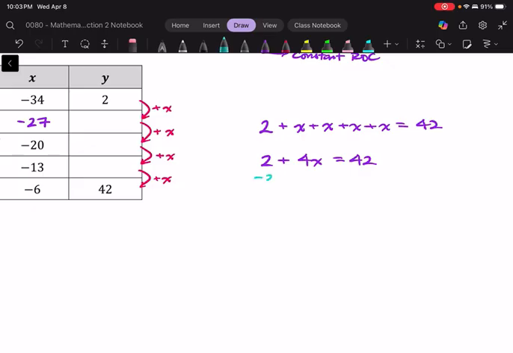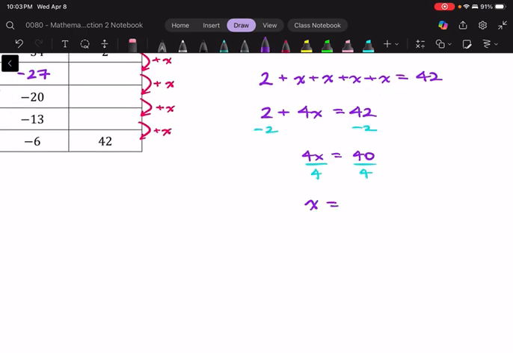I'm going to subtract 2 from both sides. So now I know that 4x is 40. And I'm going to divide both sides as well. Divide by 4 on the left, and for balance, divide on the right as well. And that tells us that x is 10.